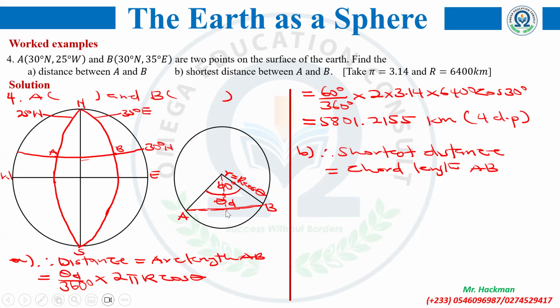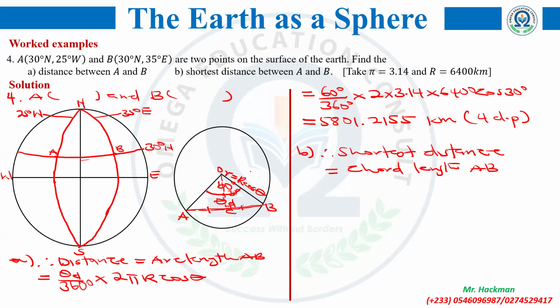Then you draw this line, this will be the height, perpendicular to this, and it will bisect this angle here, so this will be 30 degrees, and equally bisect this side, so this side here will be equal to this side. Is my point well made? Okay, so in this case, this is what we are going to have. Let me label this O and label this D or C, just for me to make my point.